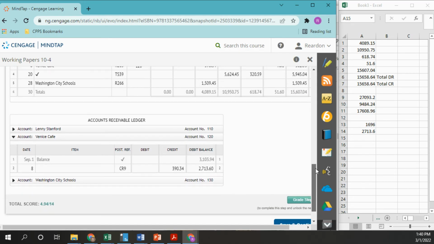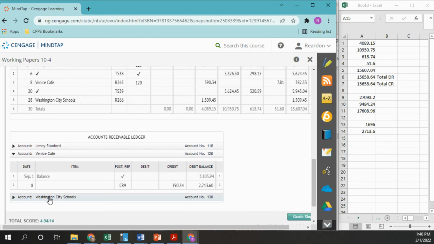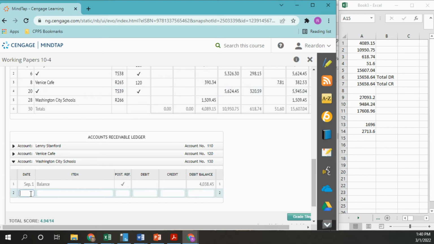Finish the post. Washington City Schools. Well, here I have another check mark, by the way. Washington City Schools on the 28th. Cash receipts 9. Credit for 1509.45. Previous balance for them was 4038.45 minus 1509.45.